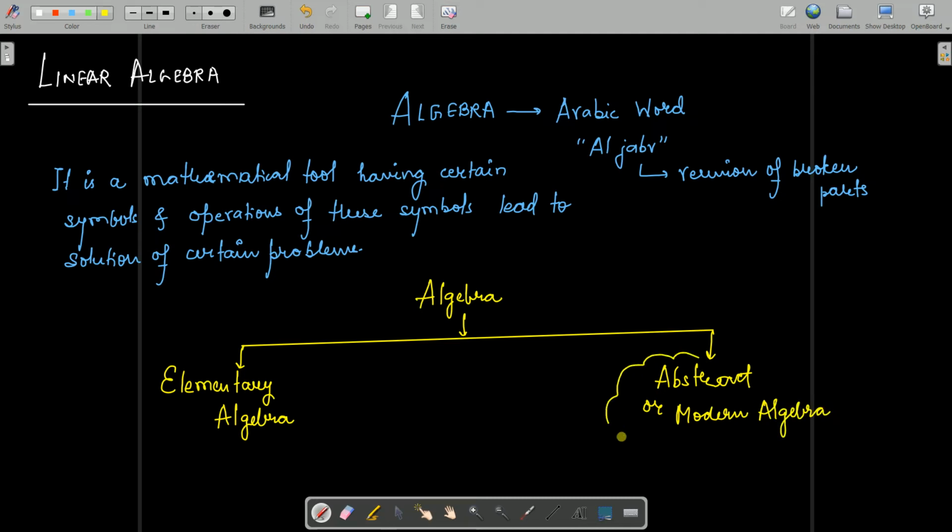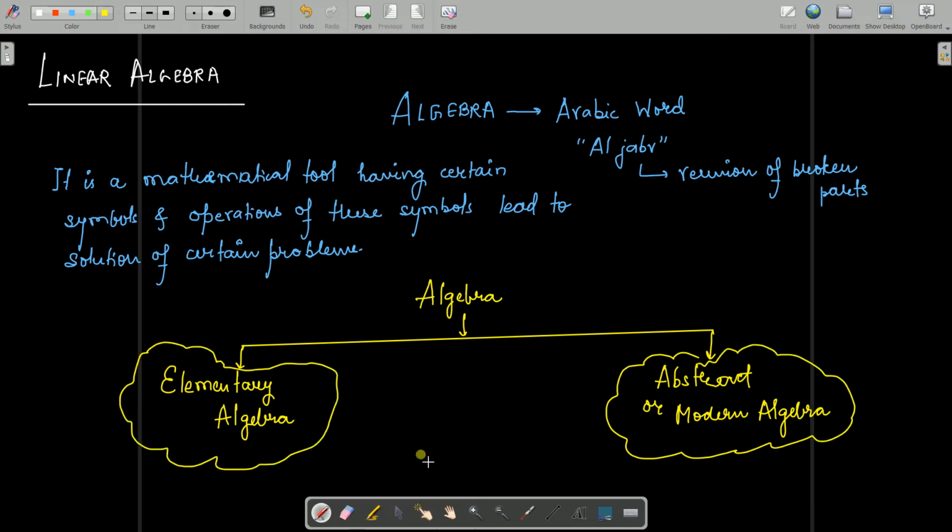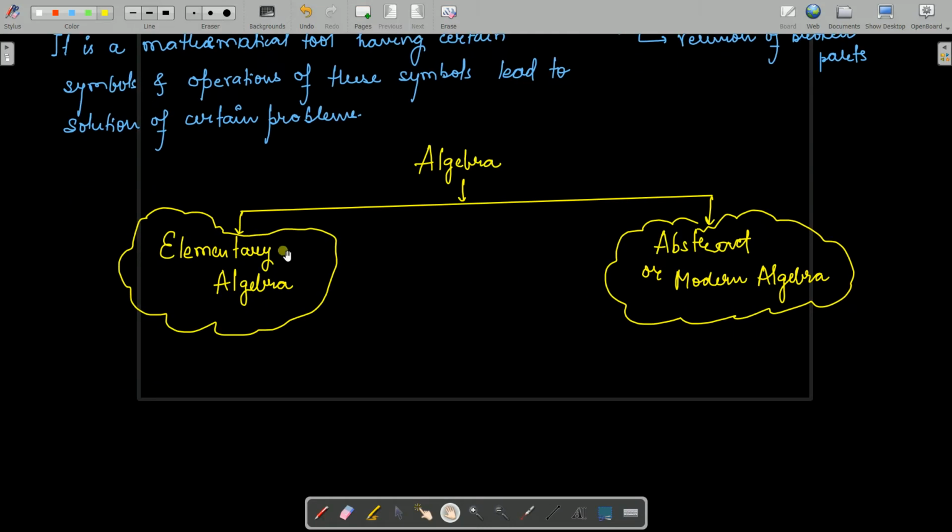So what is this elementary algebra? The fundamental, the essential part of mathematics, without which you cannot proceed. And if you want to deal with certain things in a more abstract manner, those things are called abstract algebra or modern algebra.